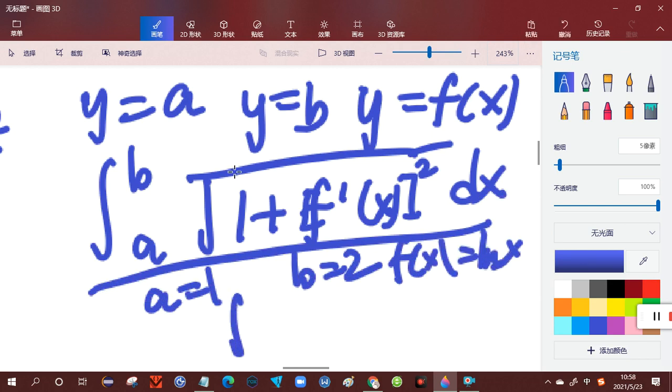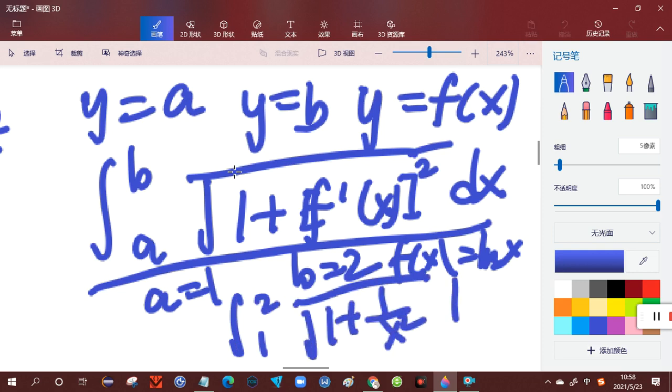Therefore, our final answer will be the integral from 1 to 2 of the square root of 1 plus 1 over x squared dx.